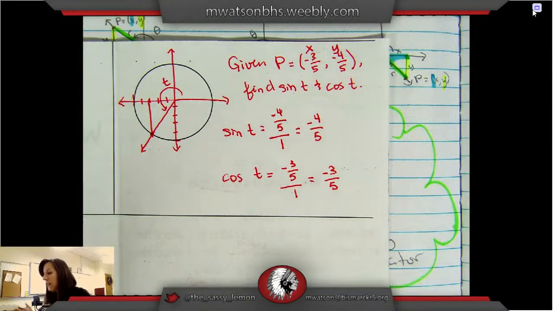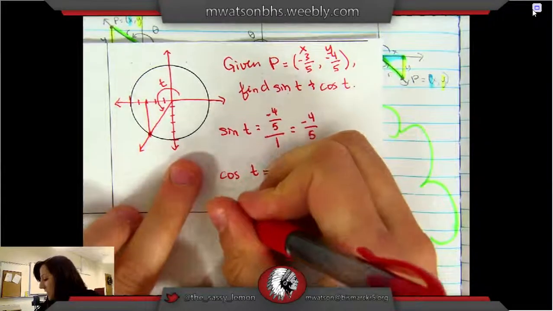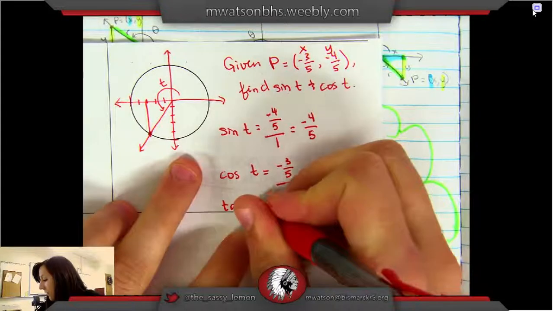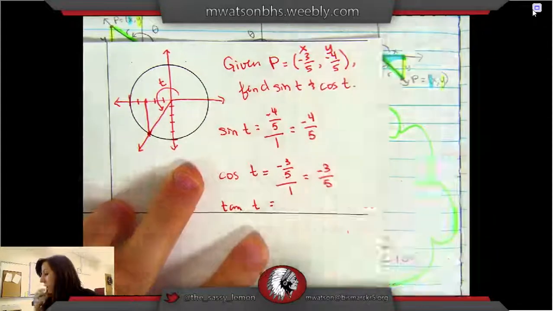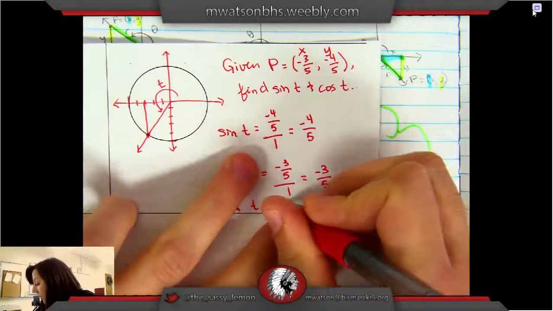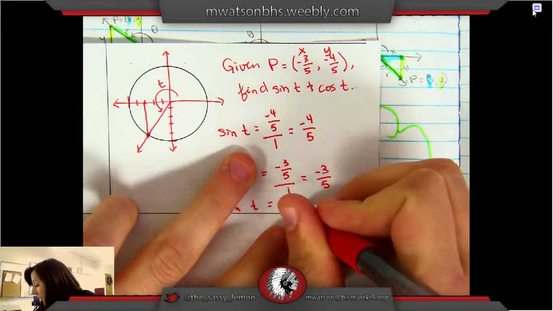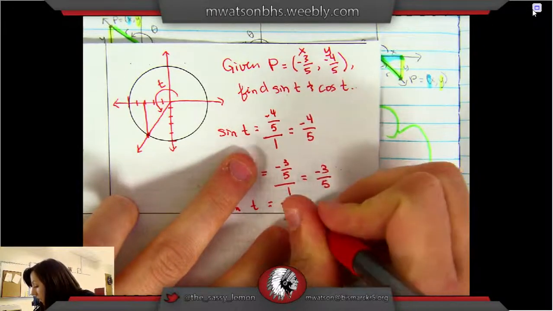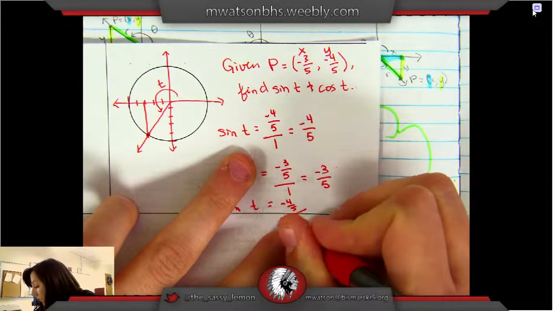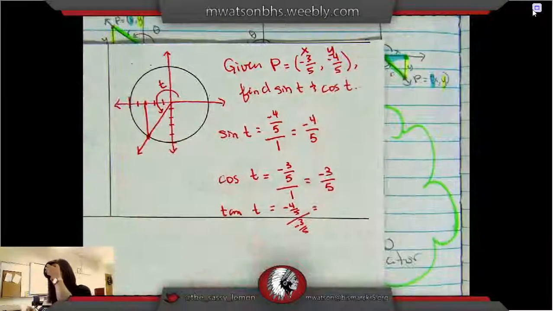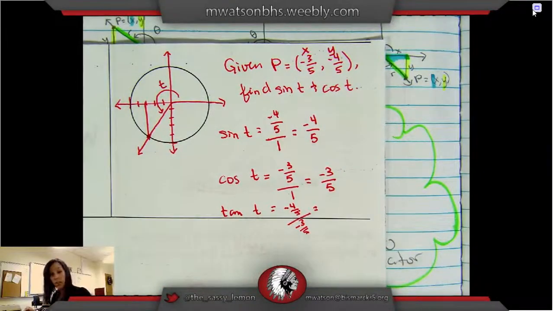Let's go ahead and do tangent just to see what happens. Okay, so tangent of t equals -4/5 all over -3/5. Okay, because it was y over x.